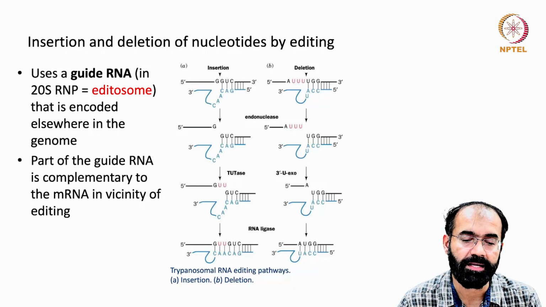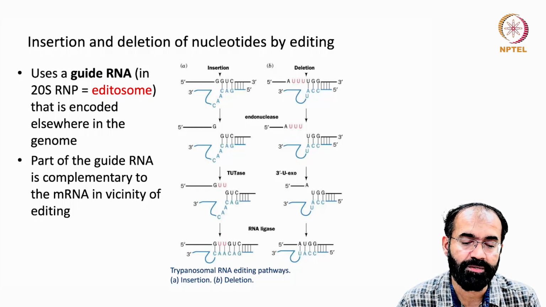But the addition of 2 U made it pair with these 2 A's, and you end up getting GC, UA, UA, GC, UA, UG pairing. Remember, GC, UA, UG pairing was already there, but with this extra 2 U, this will bring in an RNA ligase. So this piece now comes in place, because otherwise this G is a separate strand, and the ligase comes in place and fuses it.